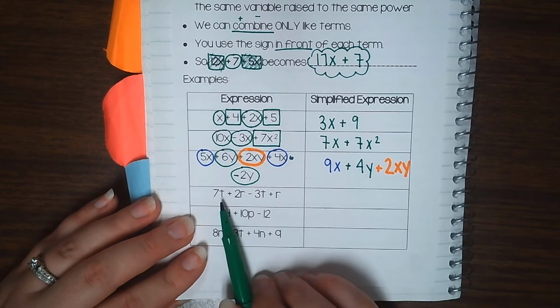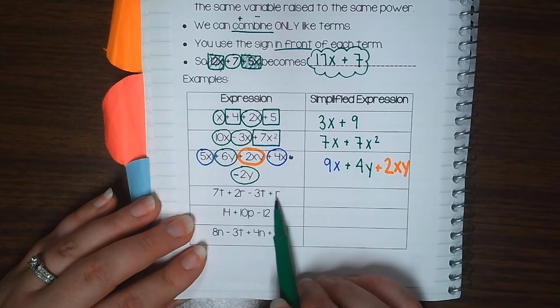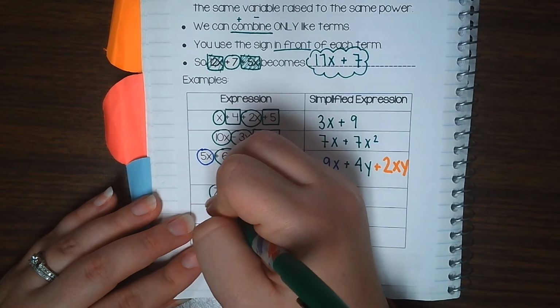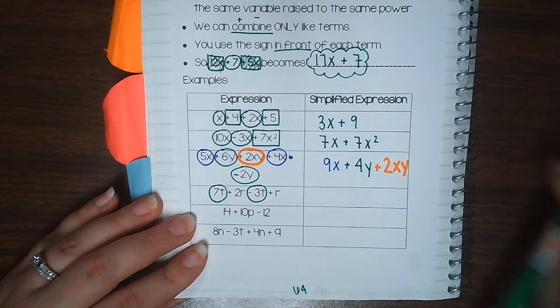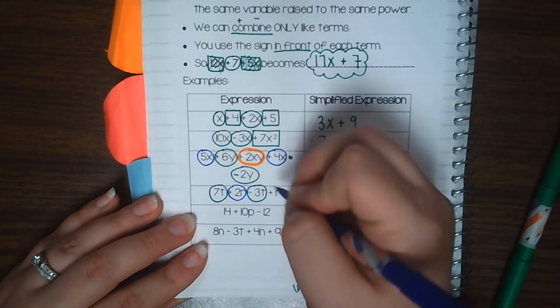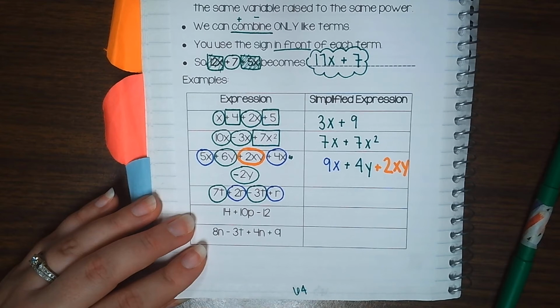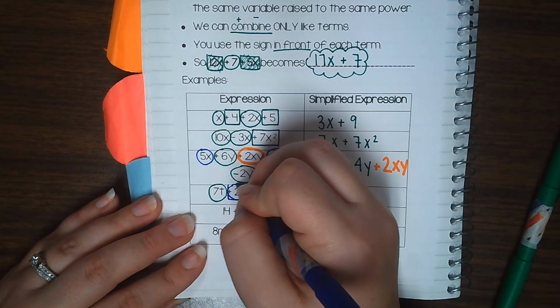Next, we have 7t plus 2r minus 3t plus r. Okay, so I know that my 7t minus 3t, those are like terms. And my positive 2r and plus r are like terms. Okay, I should have boxed those in, I'm sorry.